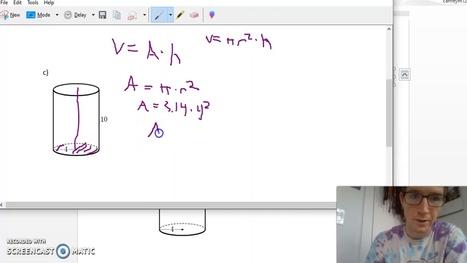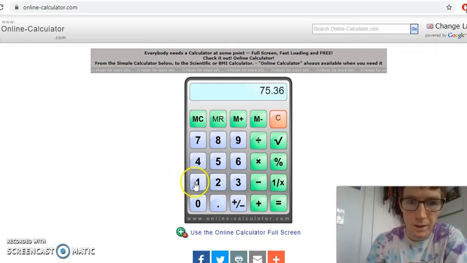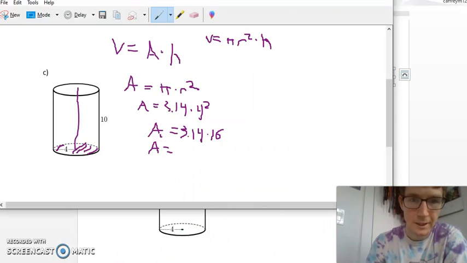What's 4 squared? 4 squared is 4 times 4, which is 16. So 3.14 times 16. So let's figure out what that is. 3.14 times 16 is 50.24.